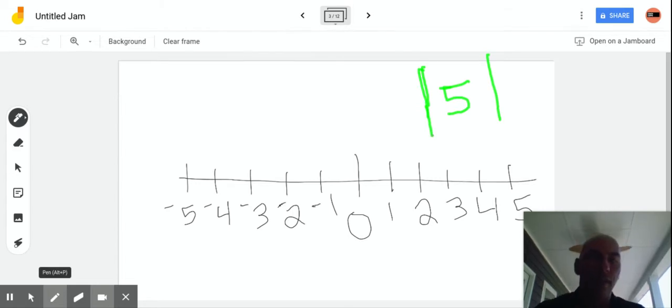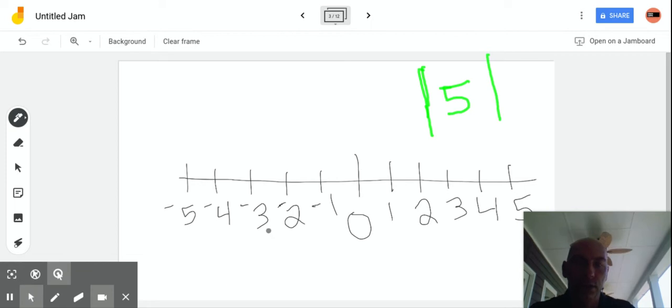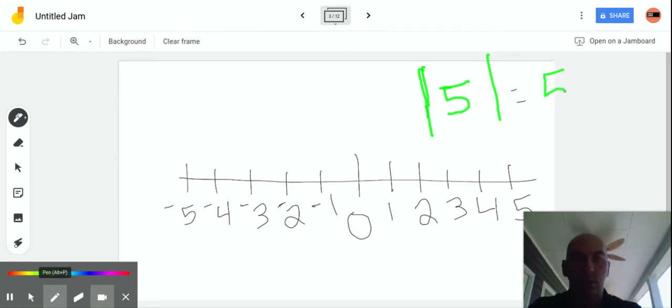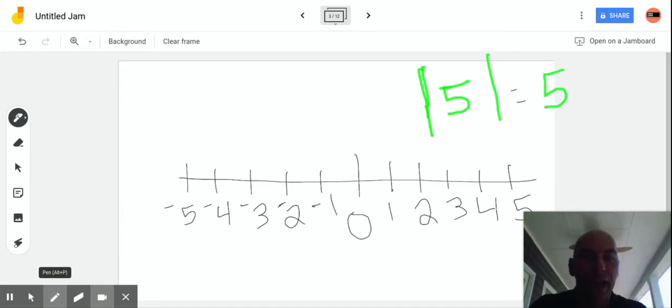How far from 0 is 5? How far is it? It's 1, 2, 3, 4, 5. So the absolute value of 5 is 5.